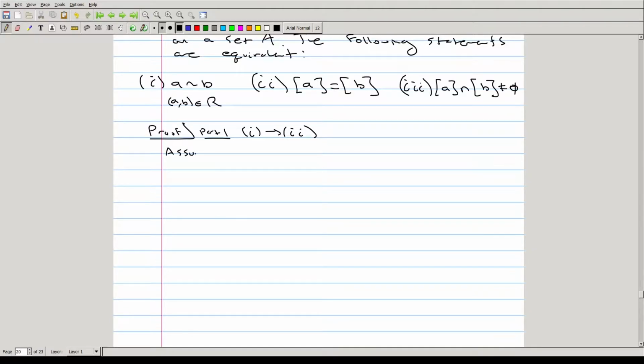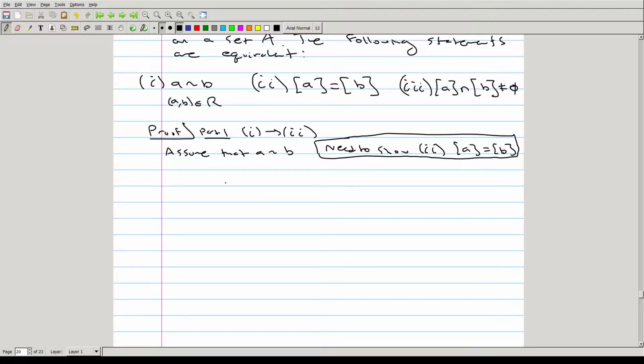So assume that A is related to B, and remember that we need to show statement 2, which is that the equivalence class of A must equal the equivalence class of B. In order to do that, we have to show that the equivalence class of A is a subset of the equivalence class of B, and we need to show that the equivalence class of B is a subset of the equivalence class of A.